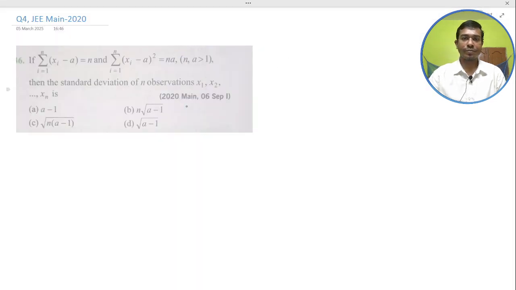Next, question number 4. JEE Main 2020. If summation (xi minus a) equals n and summation (xi minus a) whole square equals n a, then the standard deviation of n observations x1, x2, ..., xn would be what?